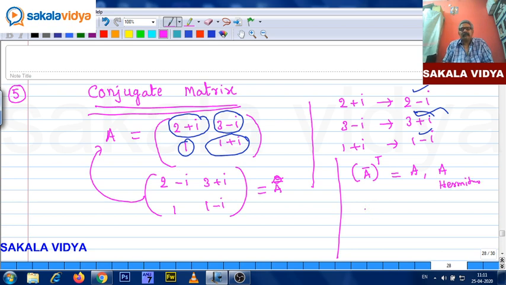A bar transpose is equal to minus A, then this is called skew Hermitian. So this is about the conjugate matrix, and also Hermitian and skew Hermitian.